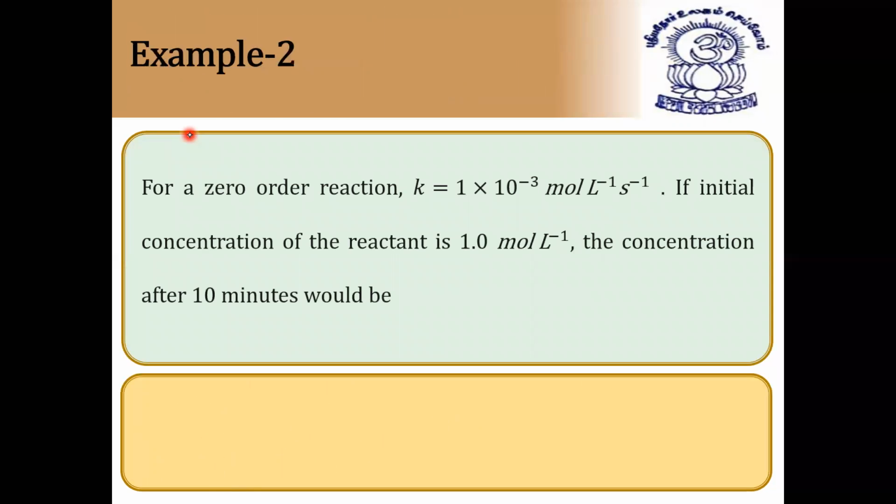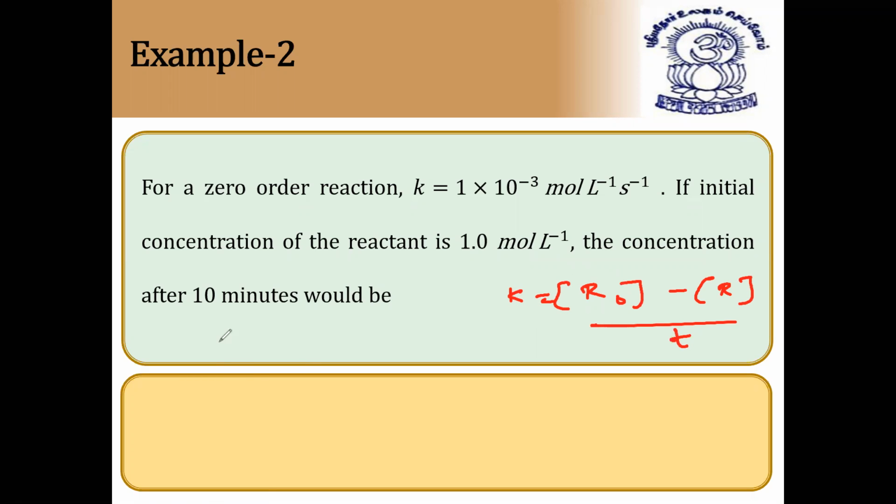Second example we are going to do now. K is equal to concentration of R naught minus concentration of R by T. So simply you can use this formula.